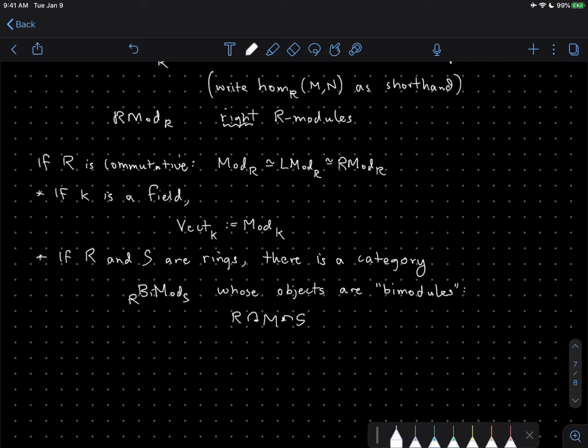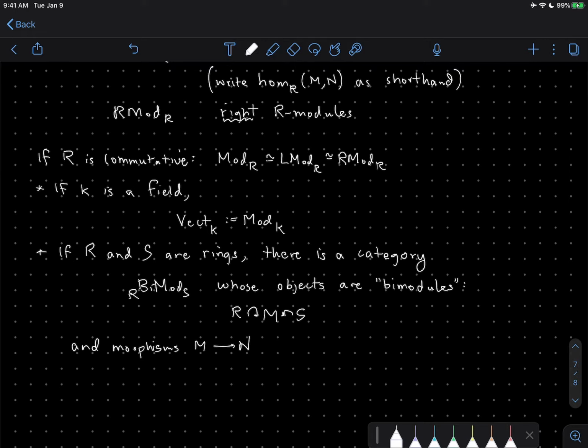And morphisms are, of course, abelian group homomorphisms, oops, having a hard time spelling today, homomorphisms respecting both actions.